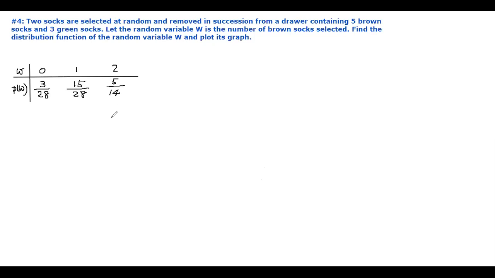Okay. So now they want us to find the distribution function. Just like our definition, F of x, with the lowercase x meaning the values, is the probability of the random variable being less than or equal to the lowercase x.